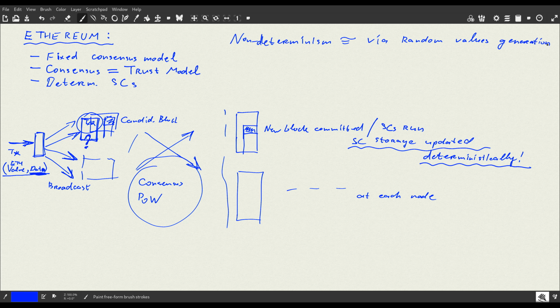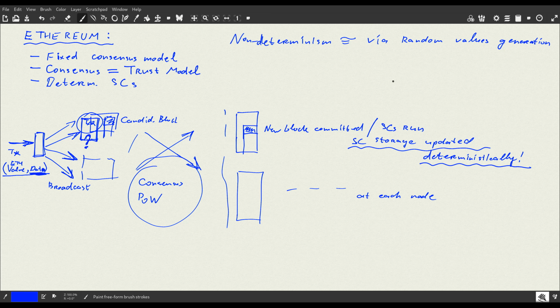From your mathematics or cryptography course, do you remember how random values are generated? If we want to make our smart contract non-deterministic, we should use some kind of counter, maybe time, maybe something else, maybe even hardware, some device, if it's like a usual PC. You are right.